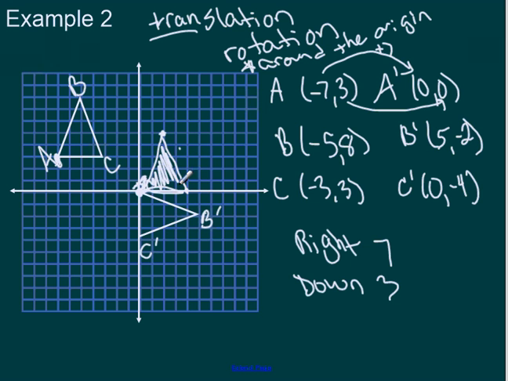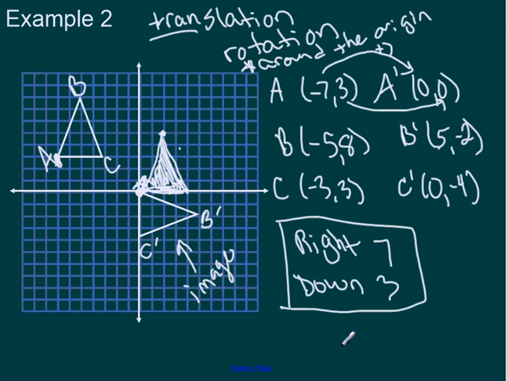So my translation has moved my triangle to this position. And then it's a nice, easy rotation of that triangle to line up with my image. And that rotation is a quarter turn, which, as you know by now, is a 90-degree turn. So this is the translation, and then a rotation 90 degrees clockwise.